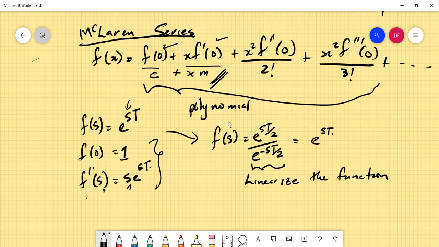I'm not going to go through all of the mathematics for this. So it's not e to the st we linearize, it's e to the st over 2, e to the minus st over 2.